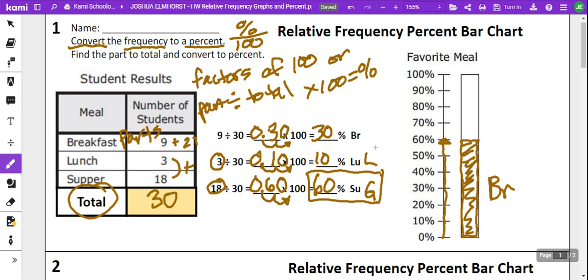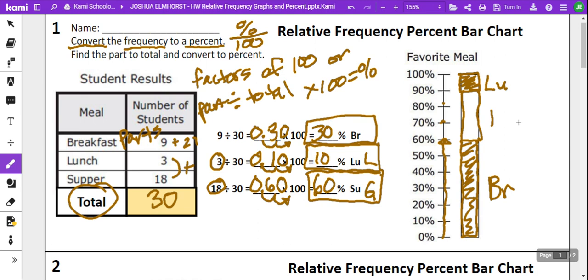And then up on top, the least is 10. And that's going to be lunch. And then if everything is done correctly, then the remaining one should be 30%. And then we check it 1, 2, 3, and that is 30%.